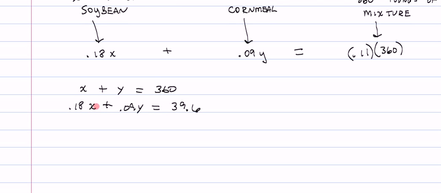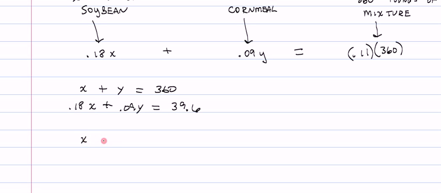And to solve it, the first thing I'd like to do is get rid of those decimals. We can get rid of the decimals by multiplying everything on both sides of this equation by 100, because multiplying by 100 would move the decimal 2 places in each case. Now I only need to move this one place to get rid of the decimal, but if I multiply this side by 100, I have to also multiply this side by 100.